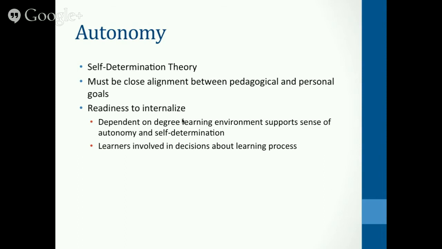By allowing learners to be involved in the decisions, you're helping them have a stake in the learning process. So, going back to the second point above, learners are able to match their goals with the pedagogical goals, which helps to align those two goals. And so you can work towards a higher level of autonomy in that way.